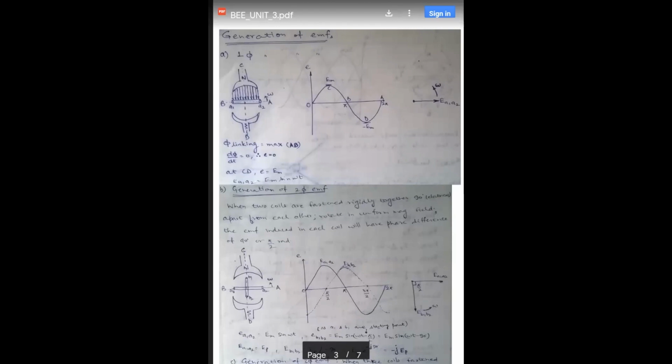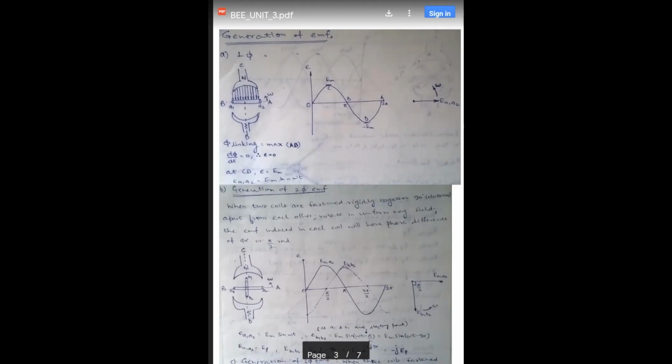This derivation we have also done in the previous unit as well. So when it is blocking all the flux which is linked, d phi by dt is 0 or EMF is 0.